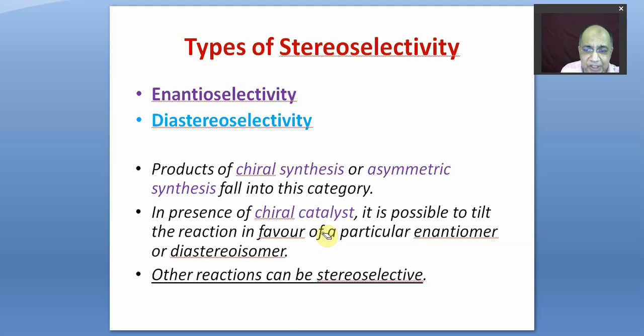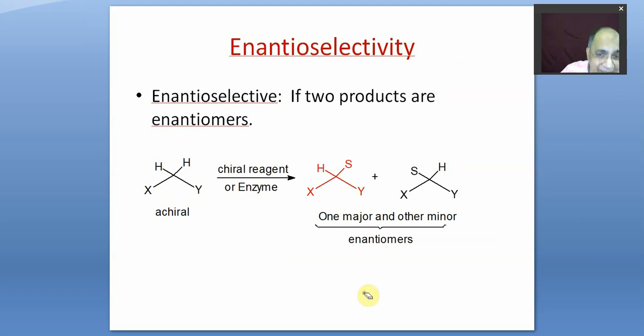There can be other reactions without involving a chiral catalyst that can also be stereoselective, either enantioselective or diastereoselective. Let's see. In one of my earlier videos, I discussed homotopic, enantiotopic and diastereotopic hydrogen atoms. Now see, this is an achiral molecule. It's not a chiral one.